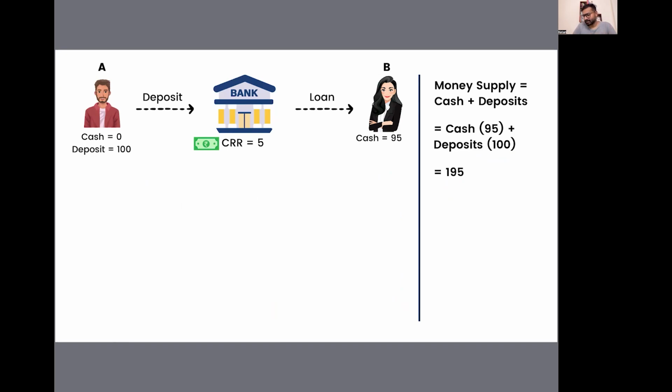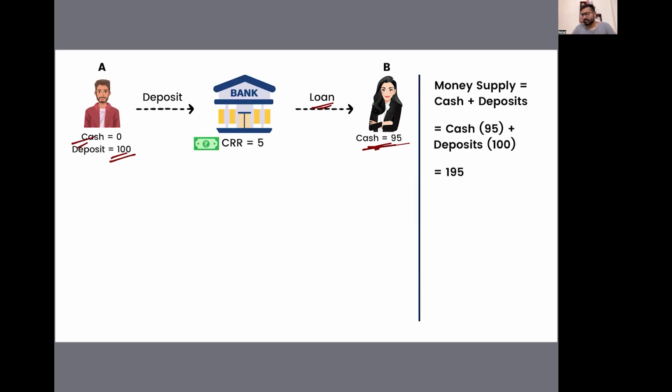For example, in the very first transaction, if person A deposits 100, the bank will have to keep out a percentage of that money as cash reserve ratio as mandated by RBI, and it can loan out only a fraction of that amount. So for example, suppose the cash reserve ratio is 5% and the bank has received a deposit of 100 rupees, then it has to set aside 5 rupees as cash. It cannot lend that money, and the rest of the 95 rupees it can loan out.